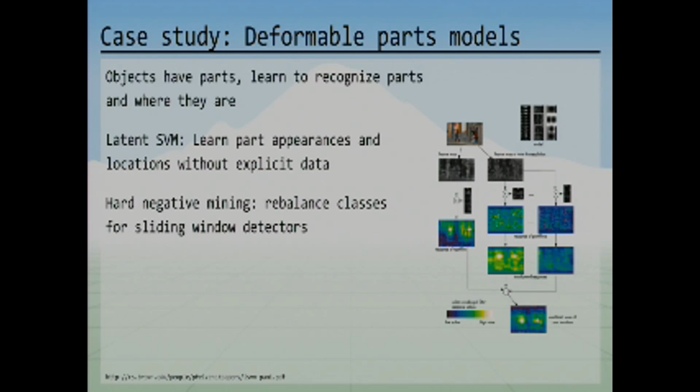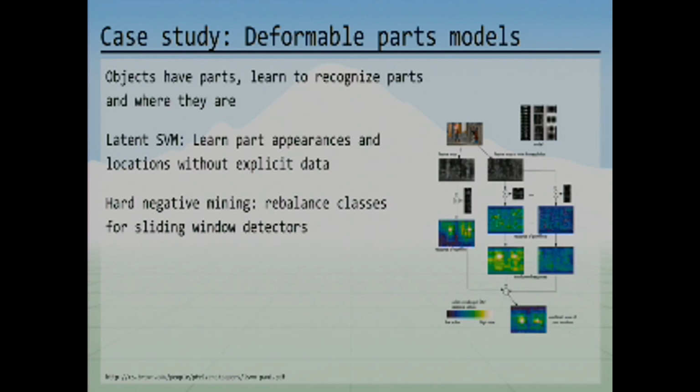Another thing deformable parts models uses that's interesting is this notion of hard negative mining. Because if you think about images and you think about sliding window detection, where we're going to look at every single little patch in an image, there are going to be a lot of negatives. There are going to be a lot of places where there isn't a bicycle, for example. And there are only going to be a few bicycles maybe in one image, and you're going to have a lot of images that don't have any bicycles.